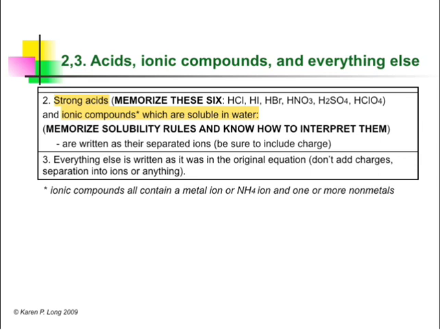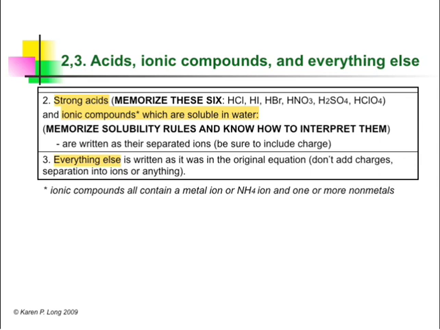There are only 6 common ones, so we memorize those and consider any other acid to be weak and therefore not written as ions. Ionic compounds that dissolve in water do so because the polar water molecules surround each ion with an attraction large enough to overcome the ion's attractions to its oppositely charged ion. So whenever an ionic compound has dissolved in water, it has had its ions separated.